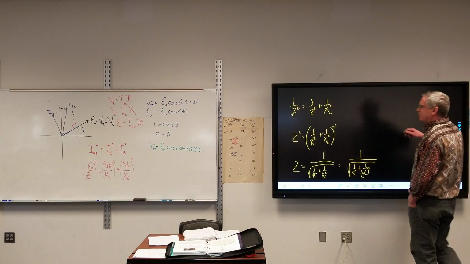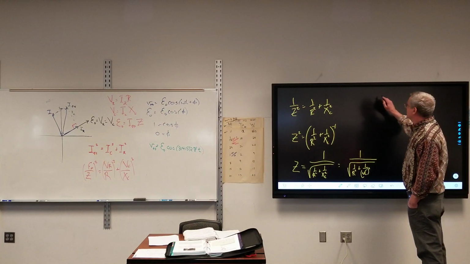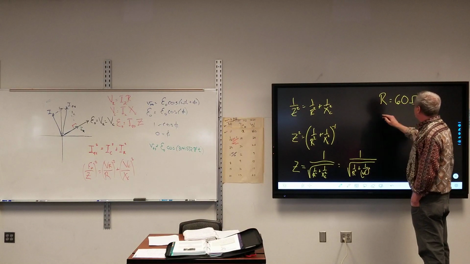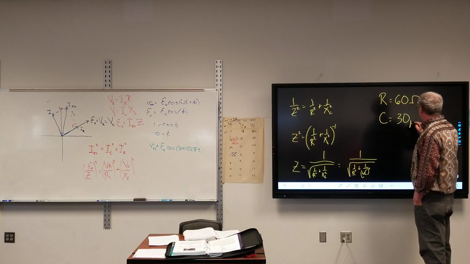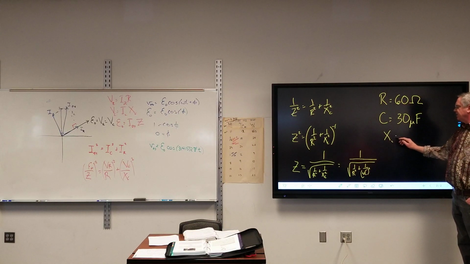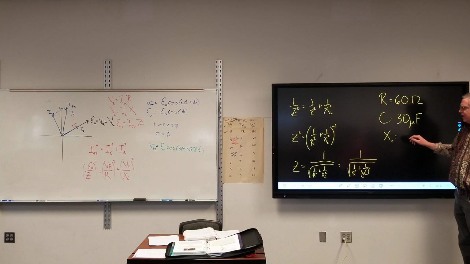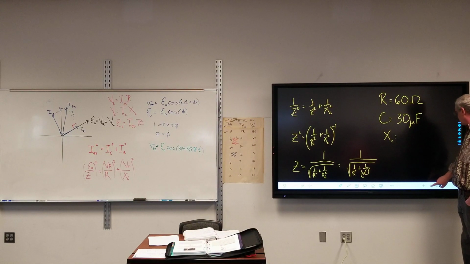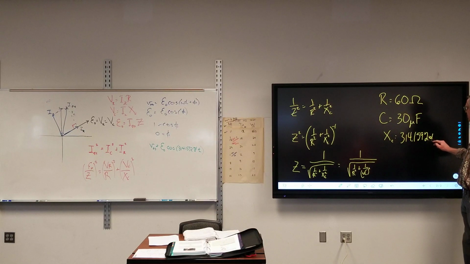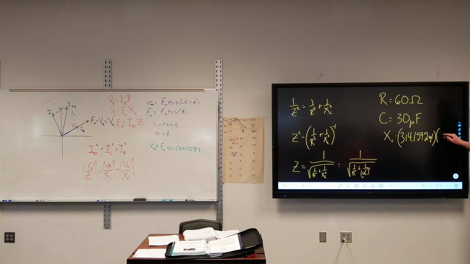So if, what were the numbers I used last time? 60 for the resistor and 30 microfarads for the capacitor. So therefore, my capacitive reactance is going to be omega times this, and our omega was 314.1592 radians per second, times 3 times 10 to the -5th farads.